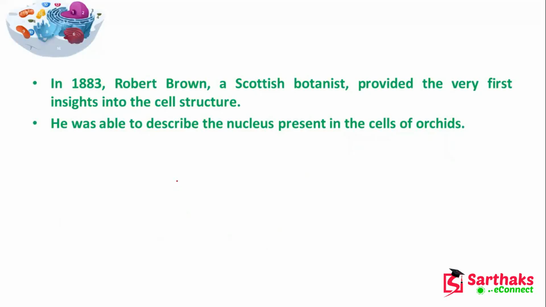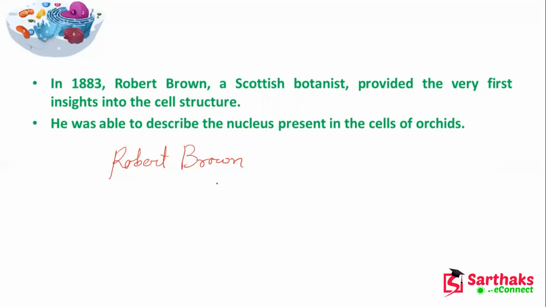In 1883, Robert Brown, a Scottish botanist, provided the very first insight into cell structure. Before that, the microscopes were not high definition and high magnification was not possible, so they could not see the proper structure of the cell.